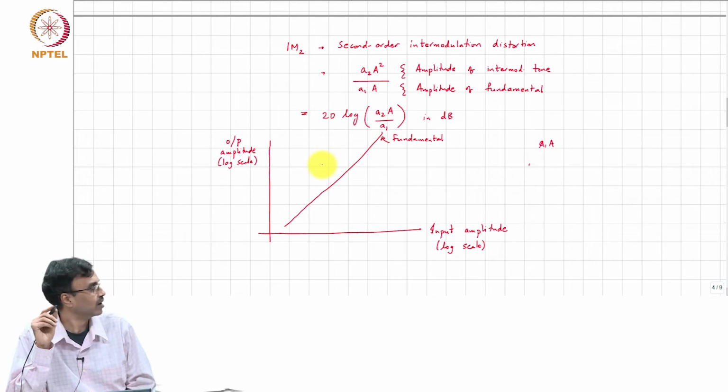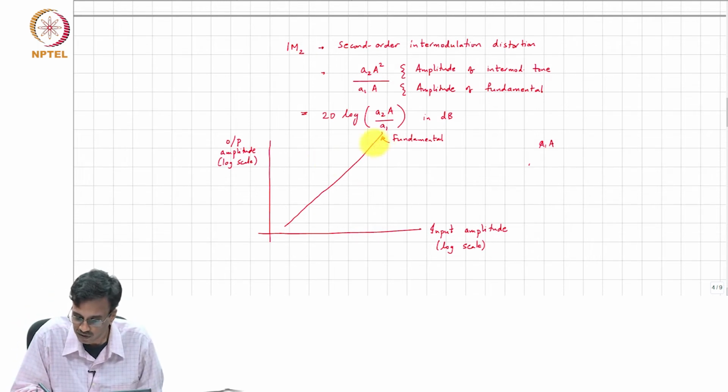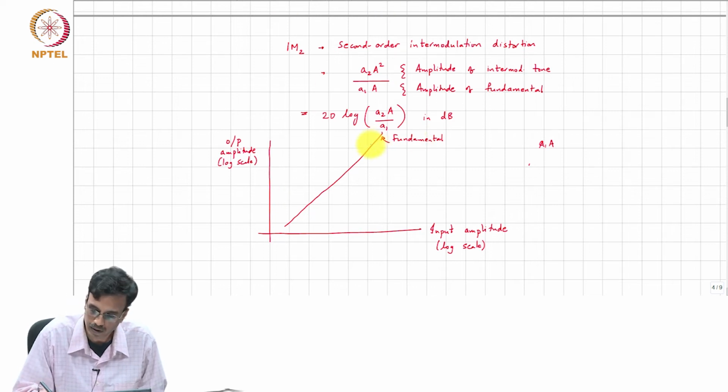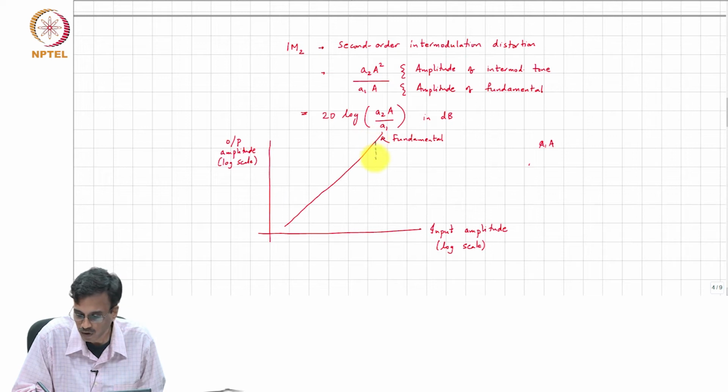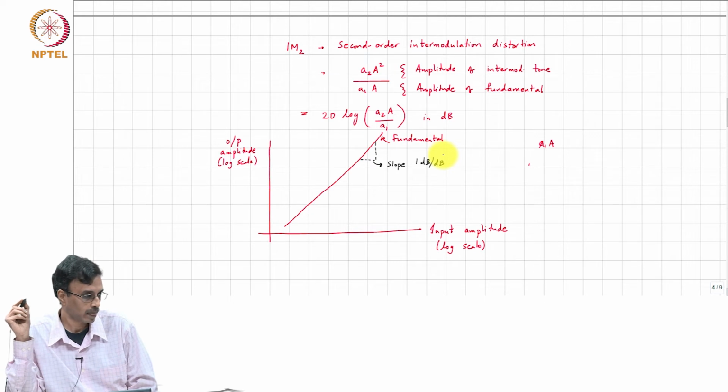The intercept will basically depend on the DC gain, right. So, the slope is 1 dB per dB.